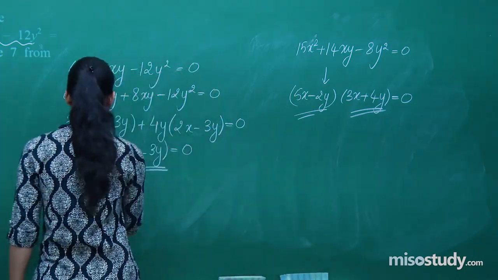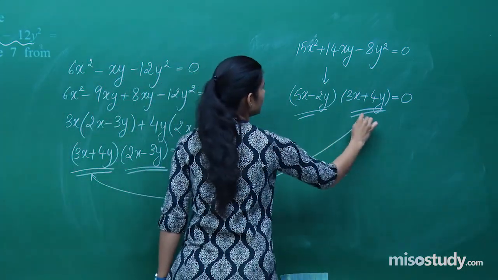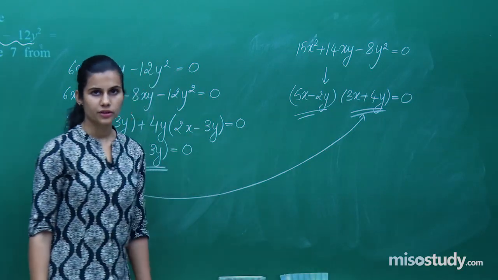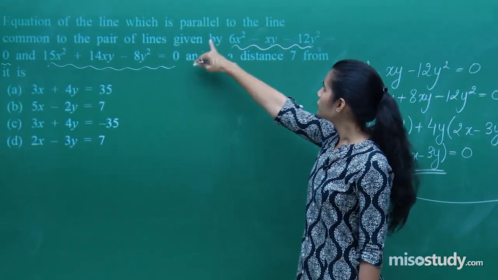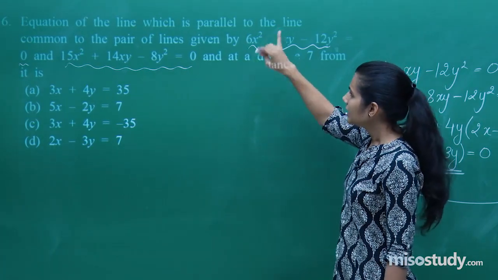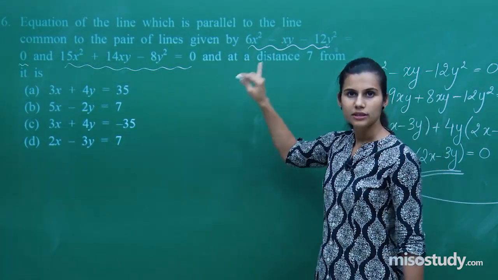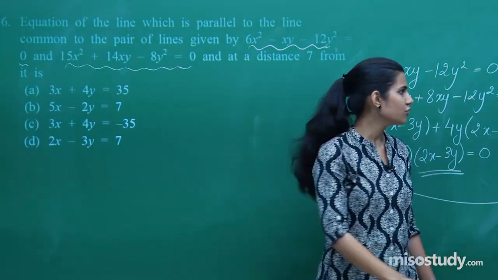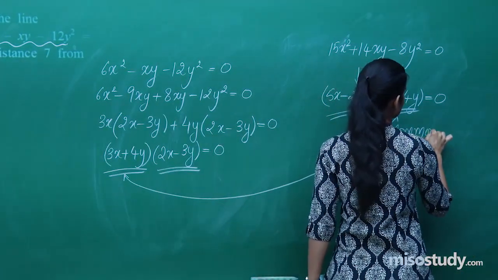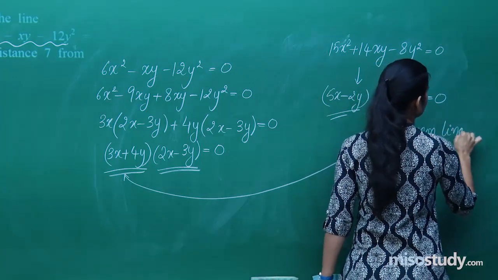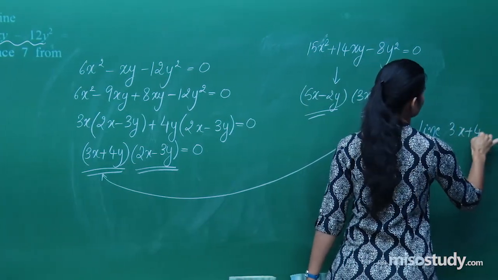Obviously you can see that one line is common to both. I am asking for the equation of the line which is parallel to the line common to the pair of lines represented by these. The common line is 3x plus 4y equals 0.